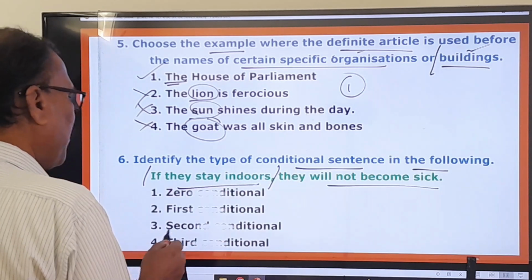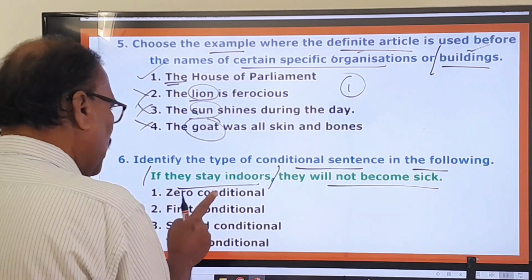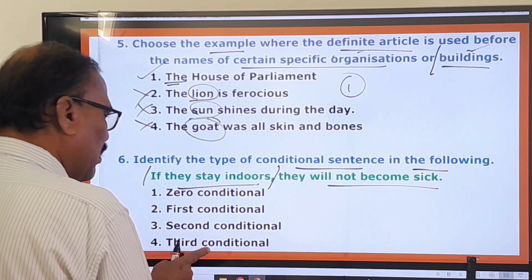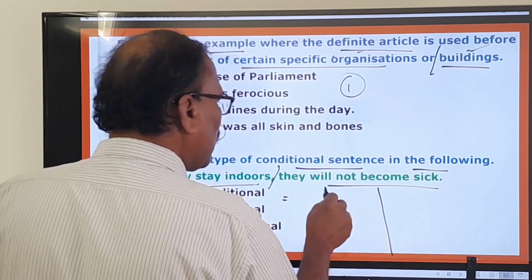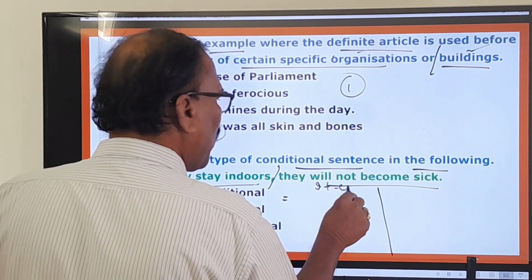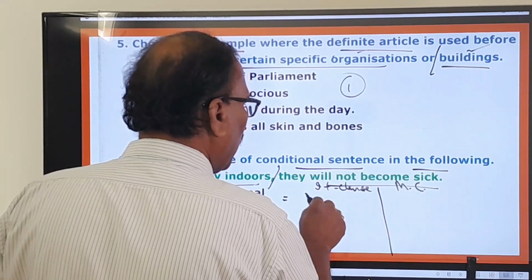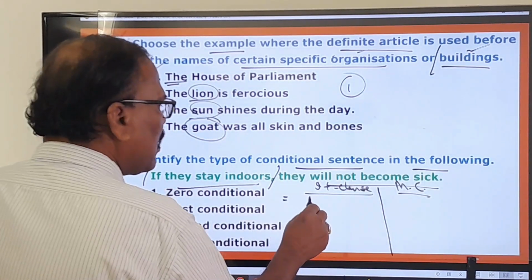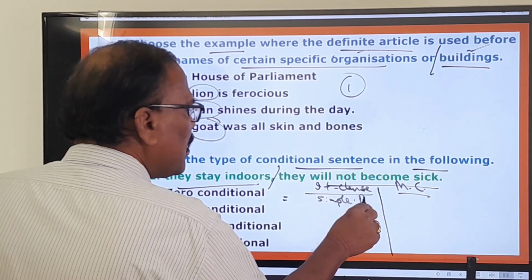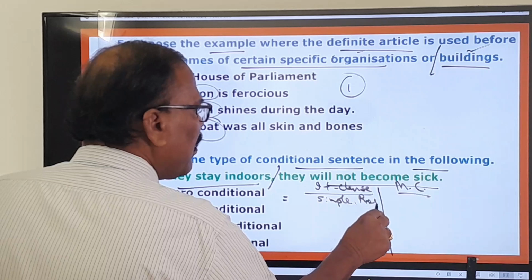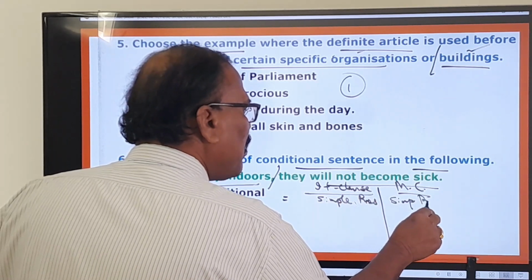Let us see that we have four types of conditional sentences: zero conditional, first conditional, second conditional, third conditional. In all the conditional sentences there will be two parts, the if clause part and the main clause part. In the zero conditional sentence there will be simple present in the if clause part, and in the main clause also there will be simple present.